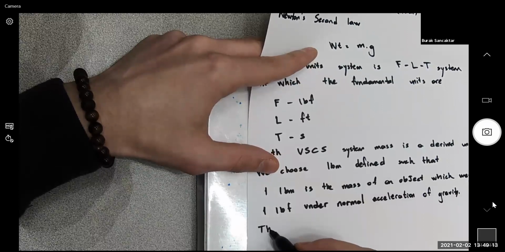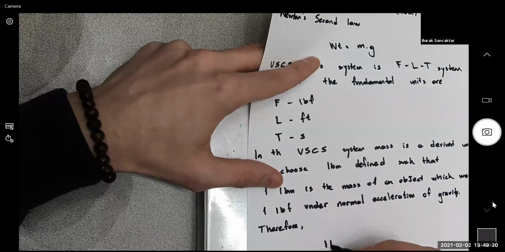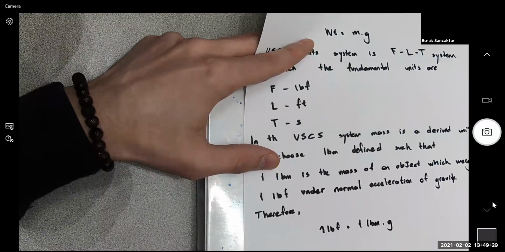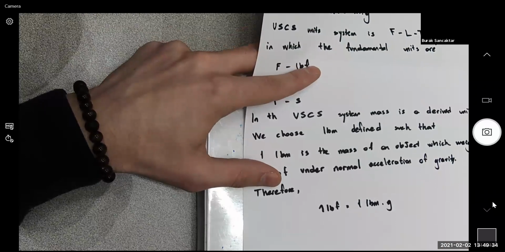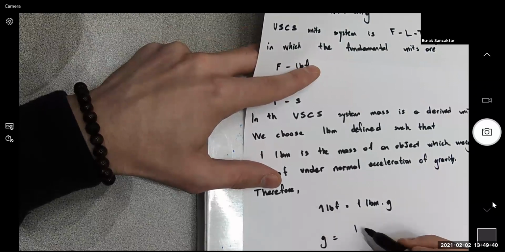So therefore, from Newton's second law, one pound force is equal to one pound mass times gravity. The gravity in this case will be one pound force over one pound mass.